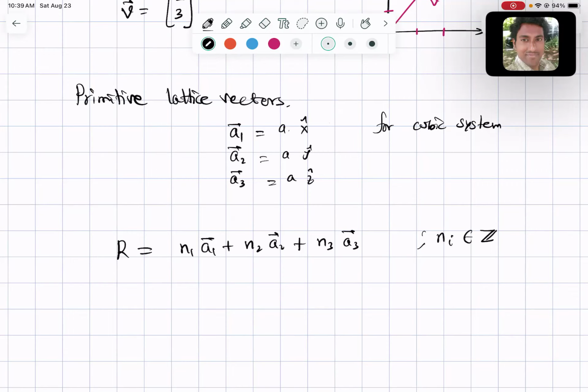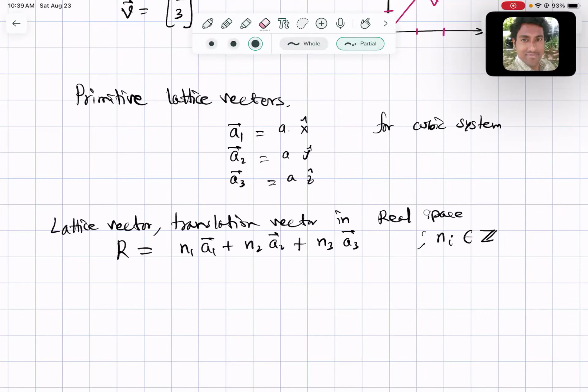This R is called the general lattice vector or translation vector in real space.